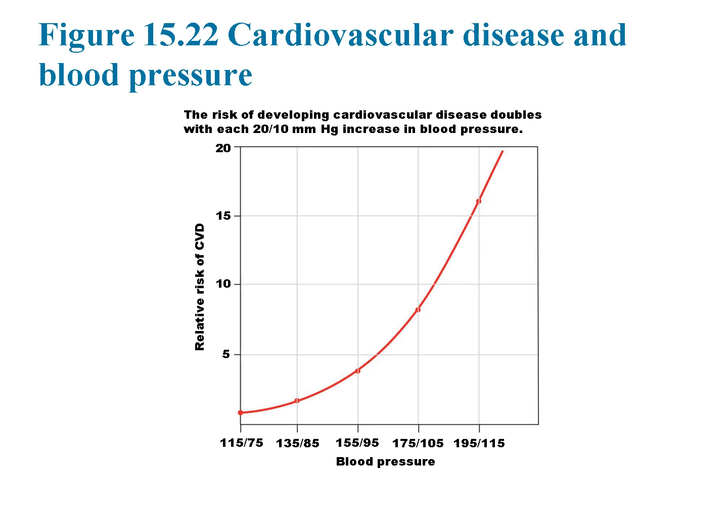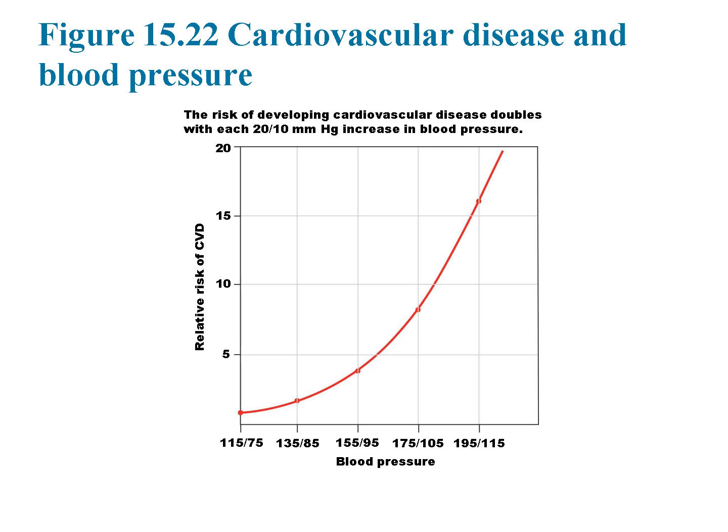Studies show that for every 20/10 millimeters of mercury increase in blood pressure above a baseline of 115/75 millimeters of mercury, the risk of cardiovascular disease doubles. This means that individuals with a blood pressure of 195/115 millimeters of mercury have a risk more than 20 times higher than those with normal blood pressure.